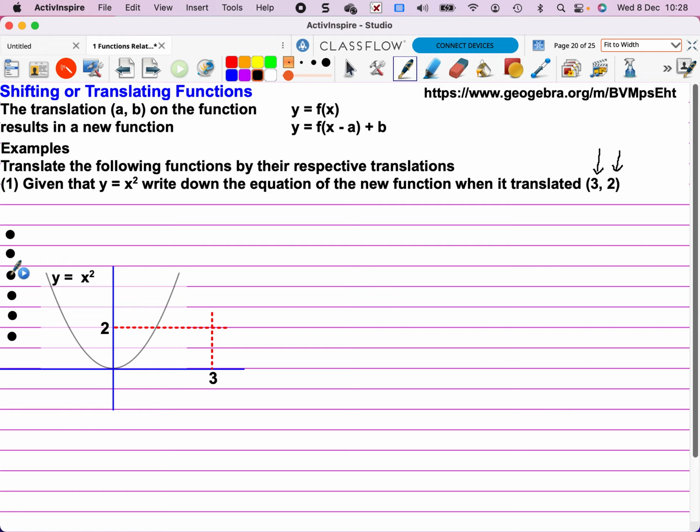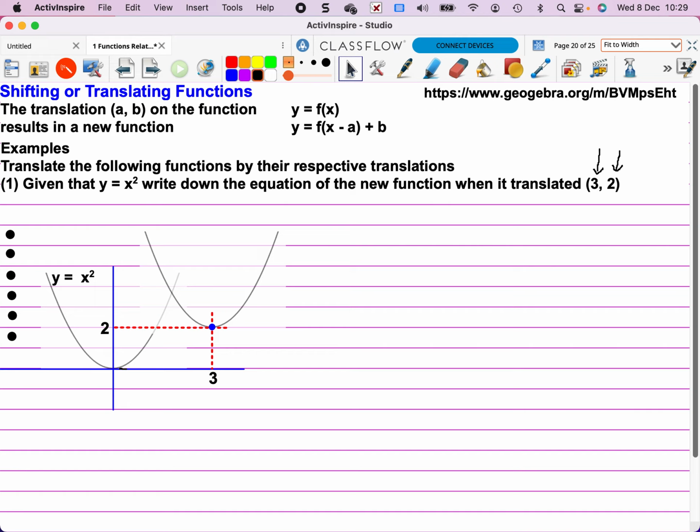Now, translation, reminding you what this is, is a sliding motion. You don't twist the original equation or shape, you literally slide it. So as you can see, this quadratic is moving in the x direction by a value of +3. And when it gets to the +3, it then has to shift in the y direction upwards by a value of +2 until it reaches this particular point here.